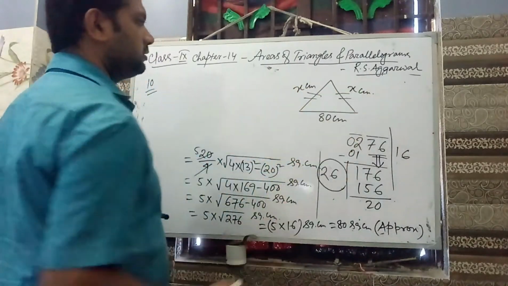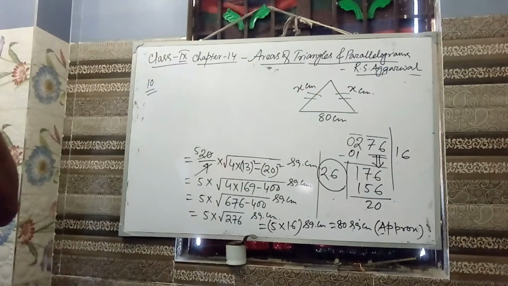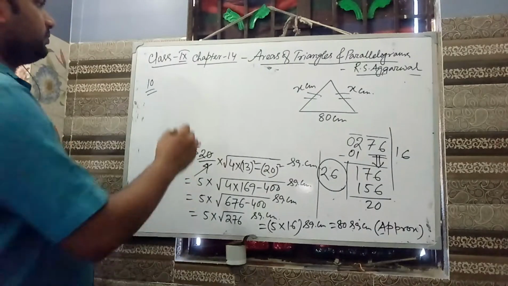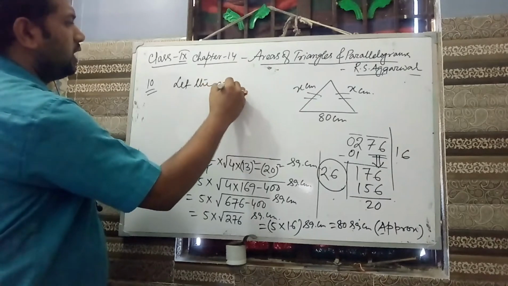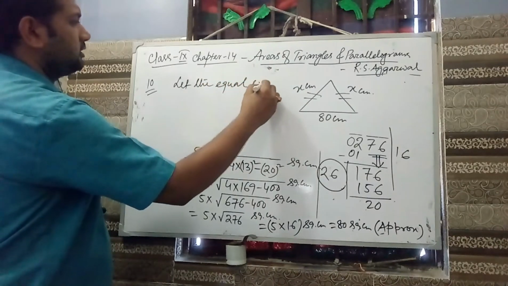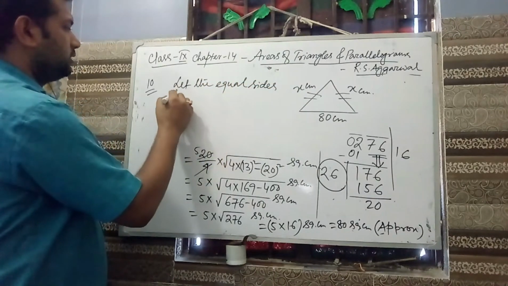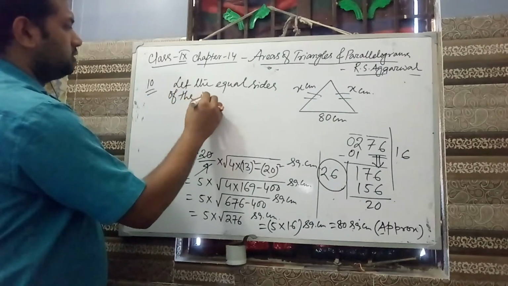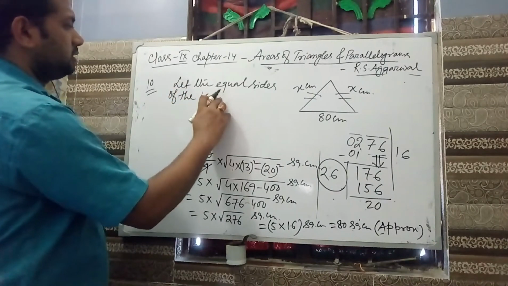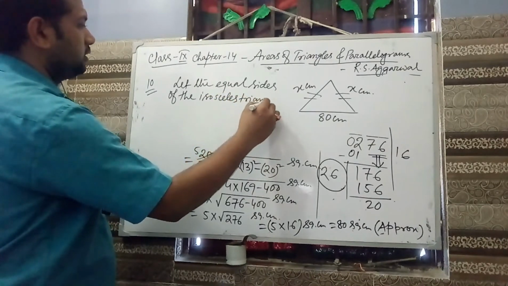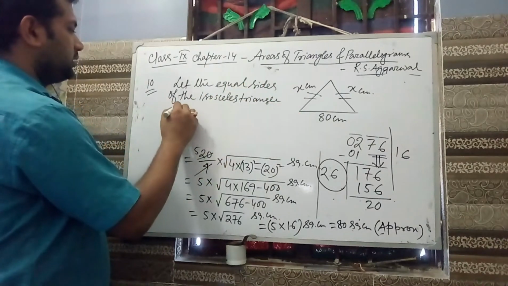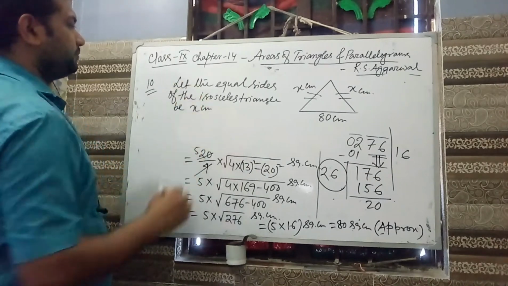X centimeter. Clear? So write down, let the equal sides of the isosceles triangle be x centimeter.